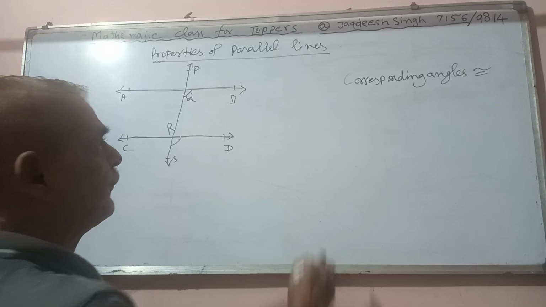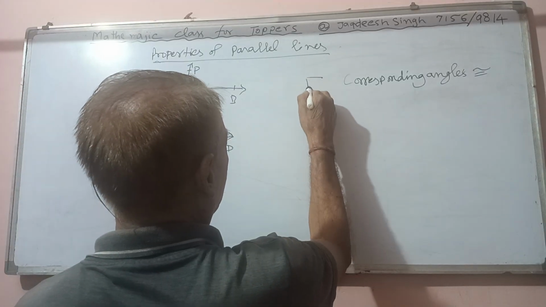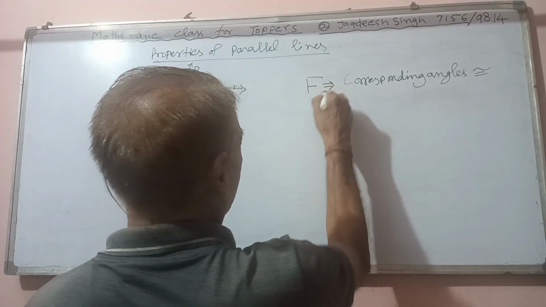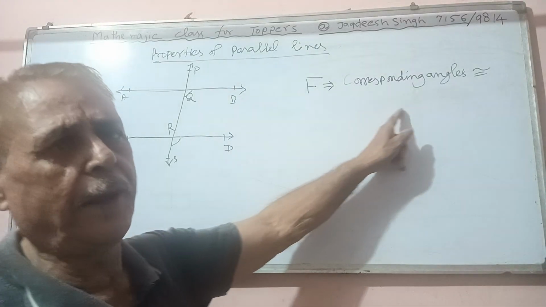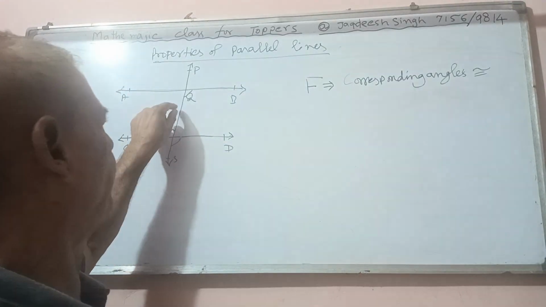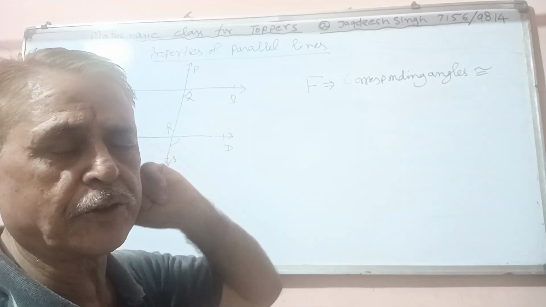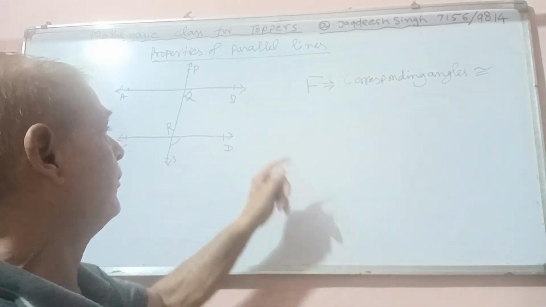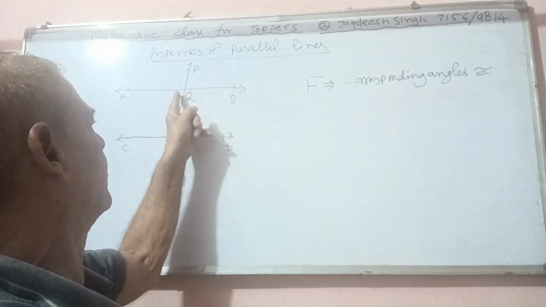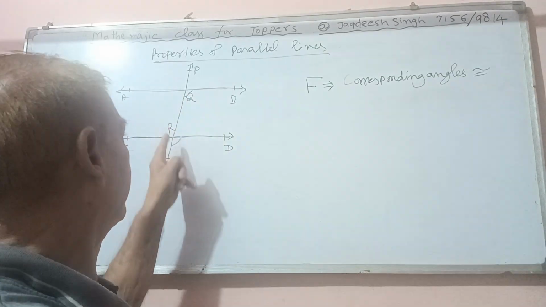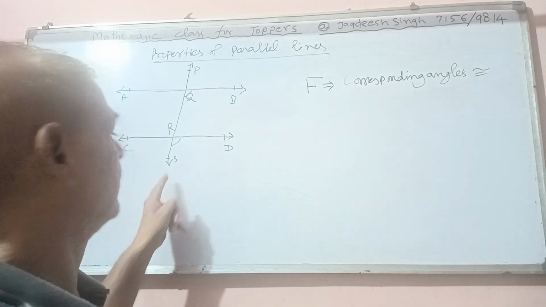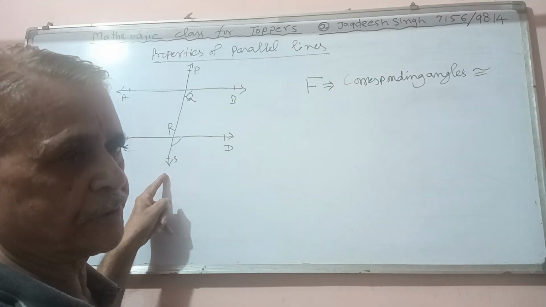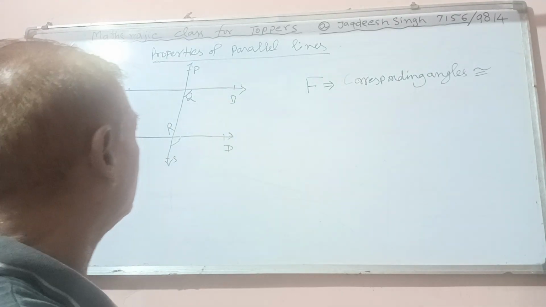Corresponding angles have an F structure. Easily try to find the F and you can get corresponding angles. Three-letter name: from one point you go to another point, from that point you take a turn and go to a third point. The third point can be R also or S also. Any point you can take.